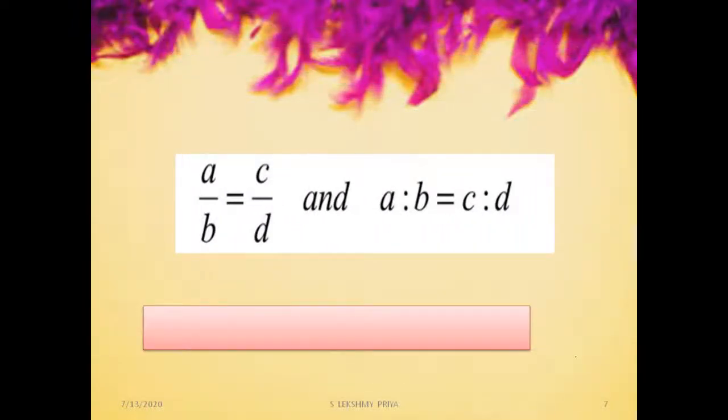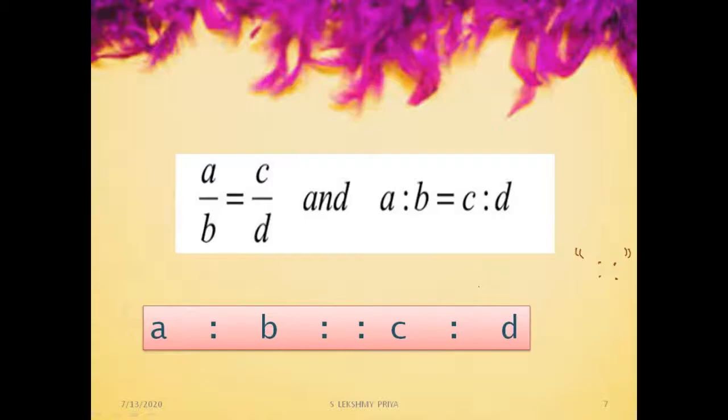Here is another proportion given. A by B equal to C by D. And we can write the same thing as A is to B equal to C is to D. There is another way of representing this proportion. It's like A is to B proportional to C is to D. The two colons together, this is the symbol we are going to use to denote proportion.